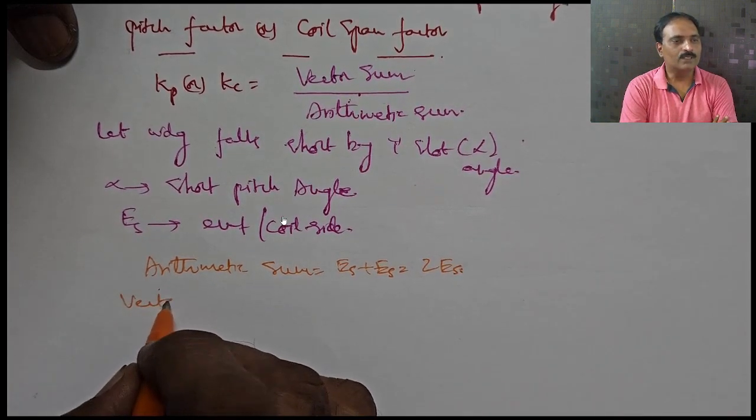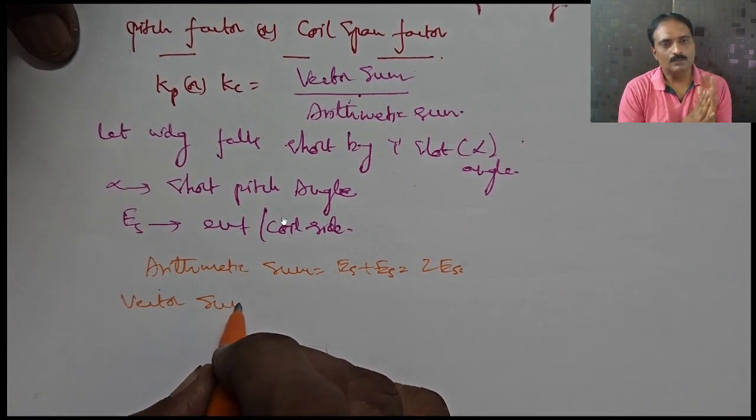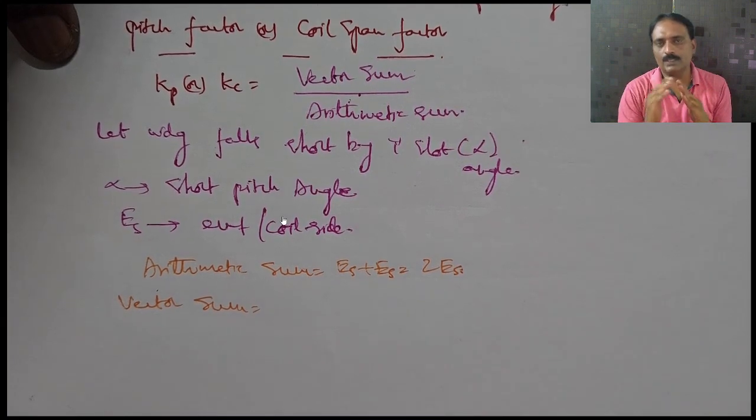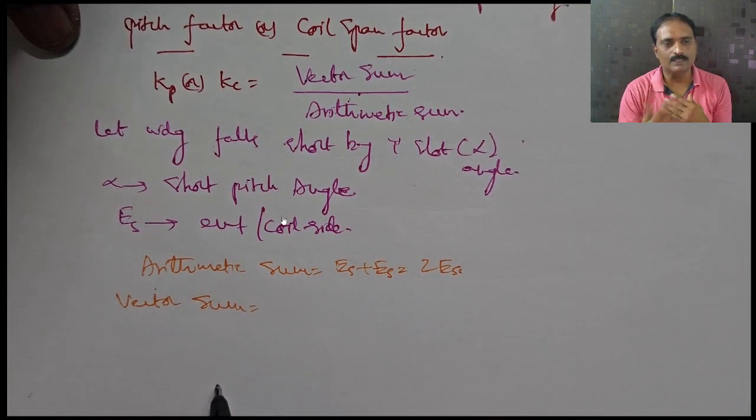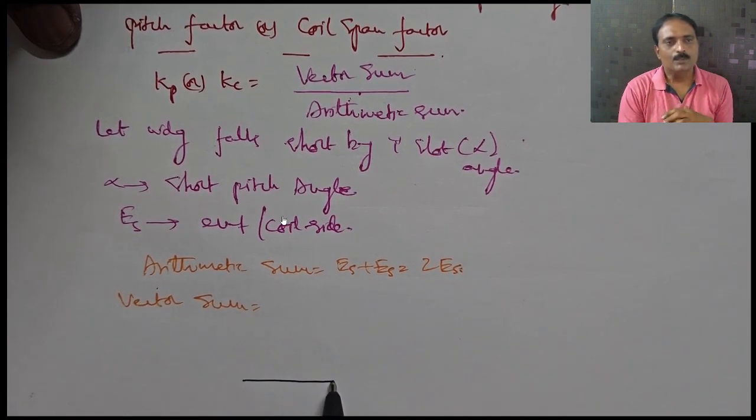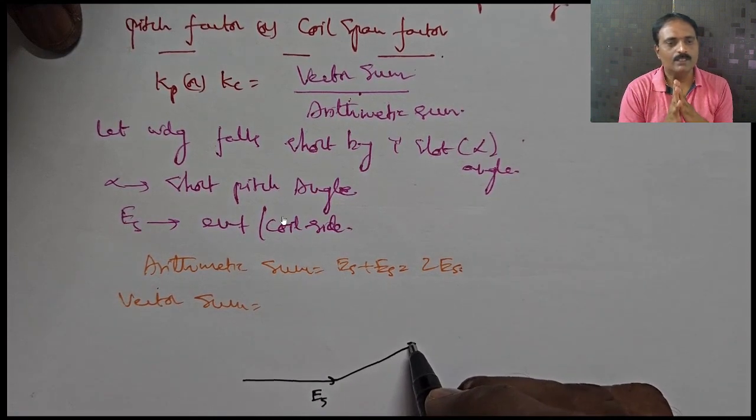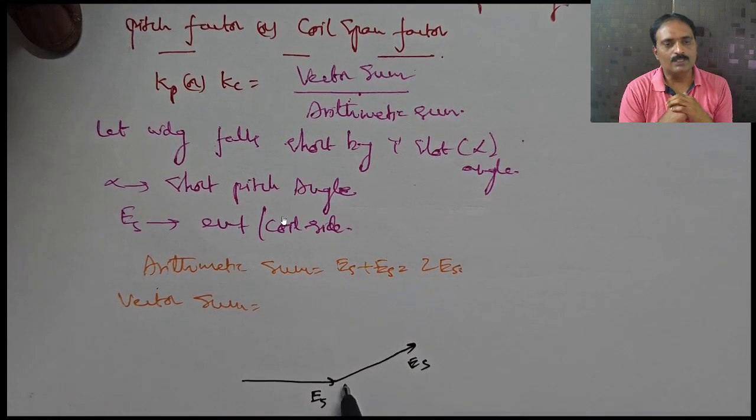And when you consider the vector sum, the EMF induced in the second coil side has a phase difference of alpha degrees electrical from the previous one, because the second coil side is not exactly 180 degrees electrical angle. So here it is going to fall short by an angle of alpha.